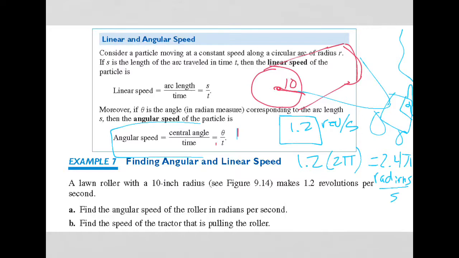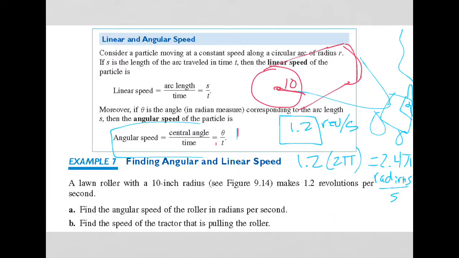The arc length is going to be the circumference, which is 2 times pi times the radius, which is 10, multiplied by the angle, which is 120% of 2 pi. I don't know what I just said a moment ago, but I think I misspoke.